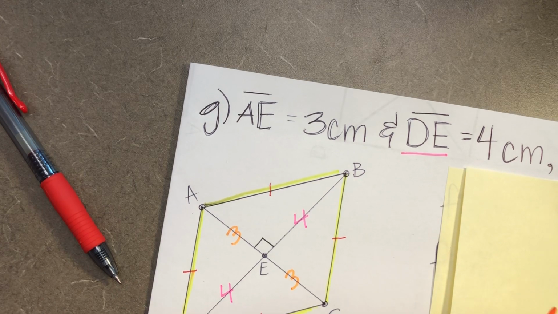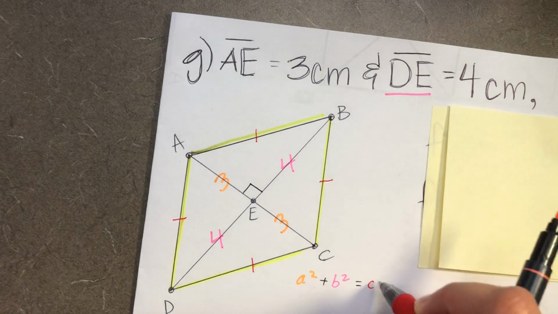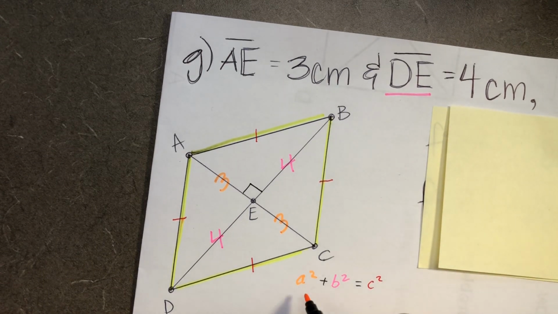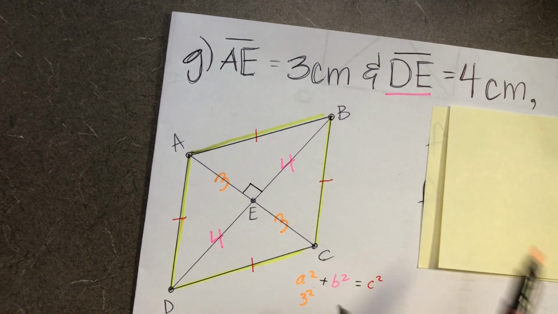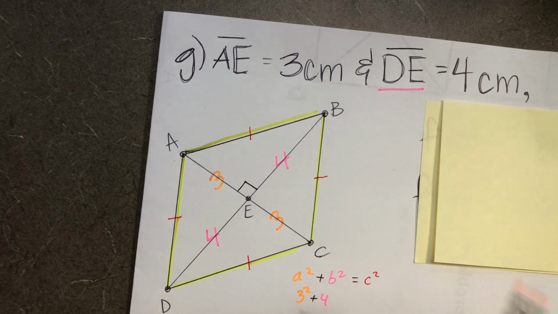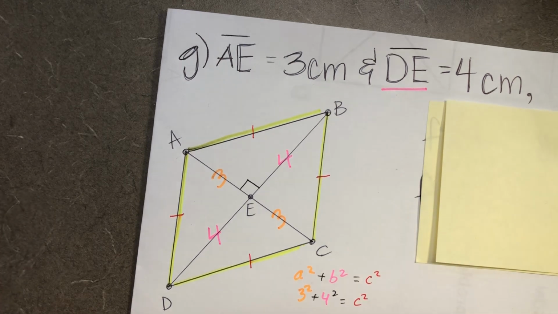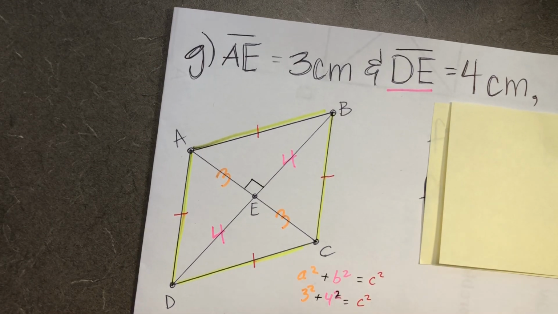And apologies that I'm writing a little tiny and you can't see what I'm writing. So I'm going to go ahead and put the 3 there. I'm going to go ahead and put the 4 there. And so that equals c squared. Sorry, I should have been consistent. I should have put the 2 in pink as well.